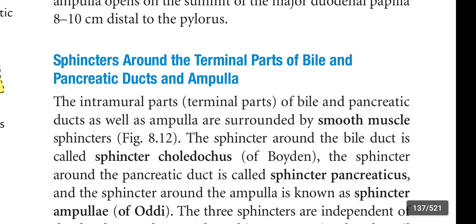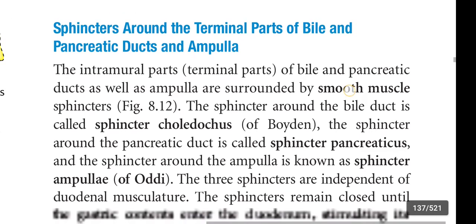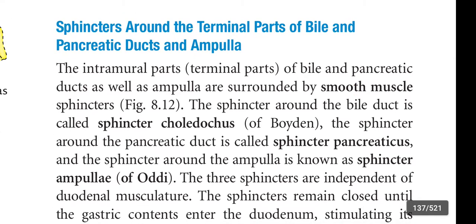The sphincter around the bile duct is called sphincter choledochus of Boyden, the sphincter of Boyden. The sphincter around the pancreatic duct is called sphincter pancreaticus, and the sphincter around the ampulla is known as sphincter ampullae or sphincter of Oddi.